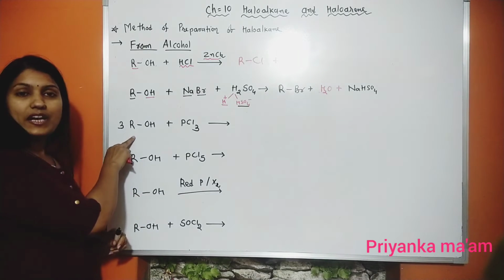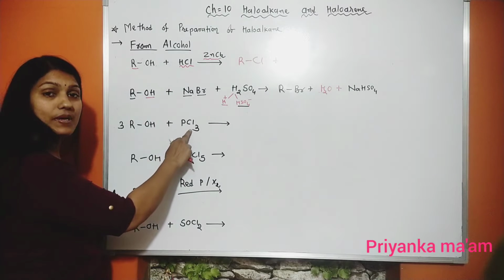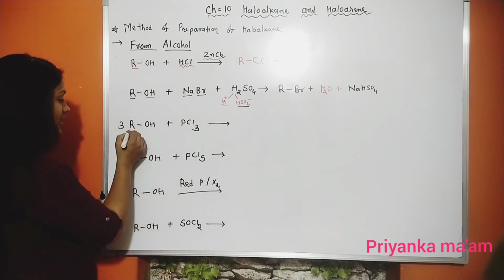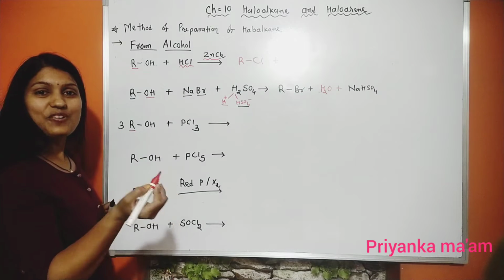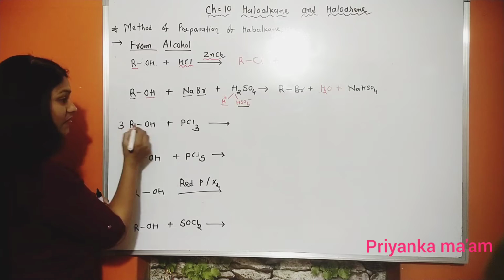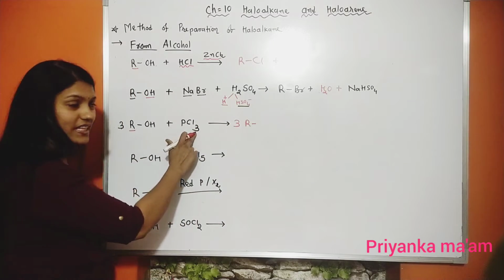Next, we have to take 3 moles of alcohol reacting with PCl3. So we form haloalkane. That's why this R is attached with halide. So here 3 moles of R are attached with 3 moles of Cl.